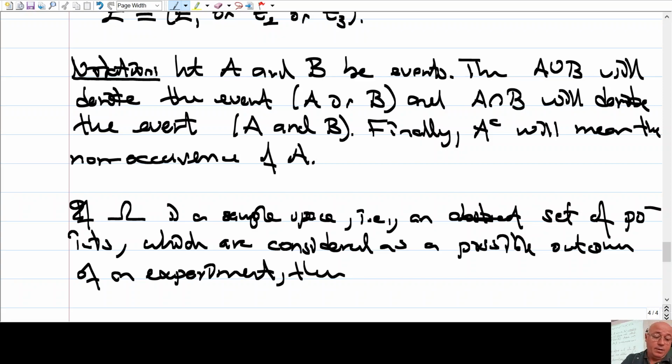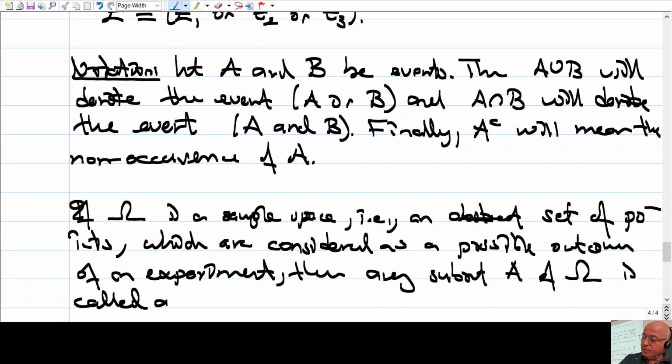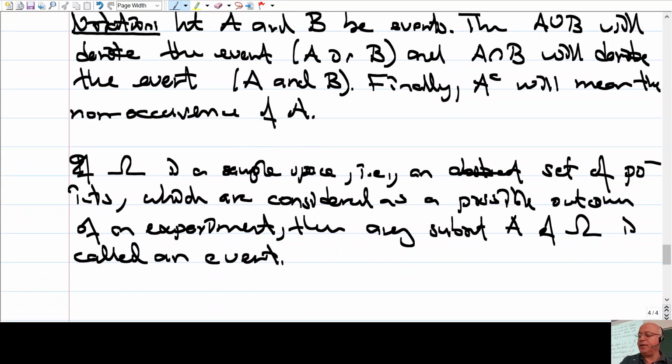Then any subset A of omega is called an event. So the mathematical definition of an event is just a subset of the possible outcomes. Any subset of the sample space is an event.